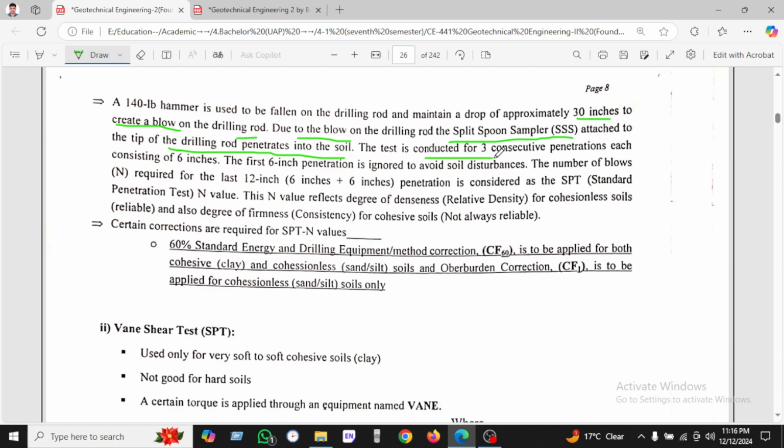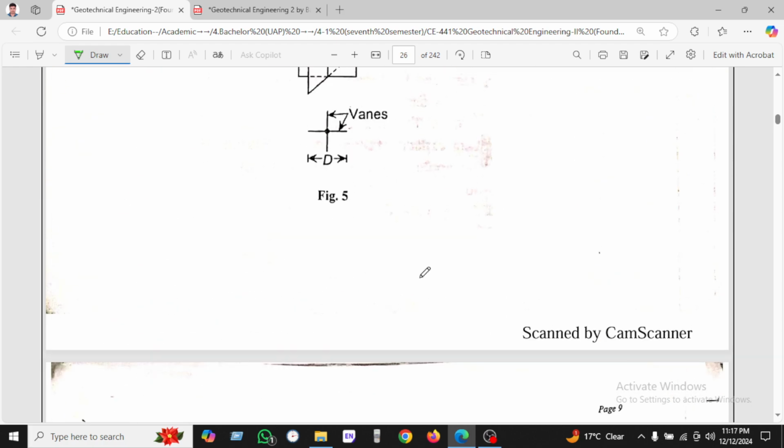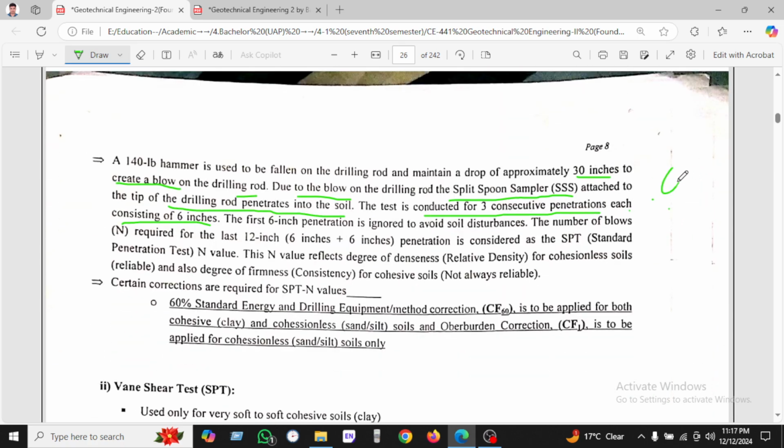The test is conducted in 3 consecutive penetrations, so 1, 2, 3, each consisting of 6 inches. So we can see the hammer is dropped, the weight is 140 pounds, and it drops approximately 30 inches.